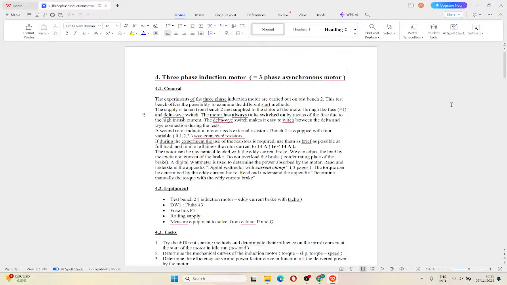So this is the brake. I would say the shaft is here, and this is the motor. Right, so we just connect it, one to the tachometer and another to the load, and to the power supply.